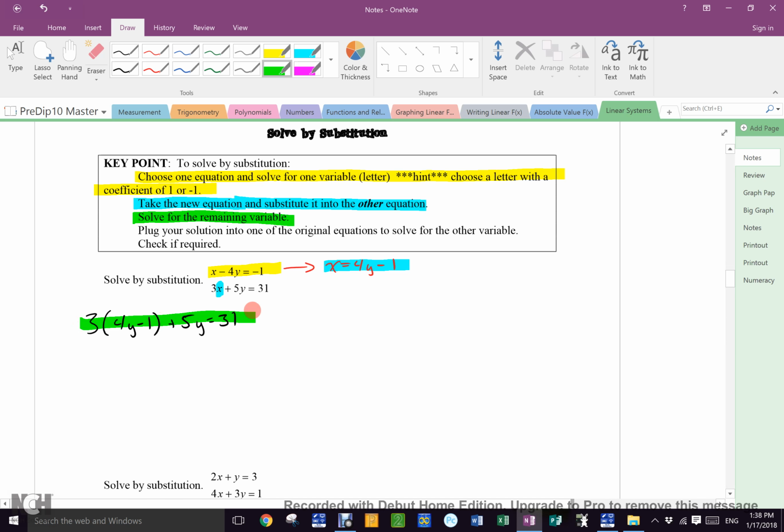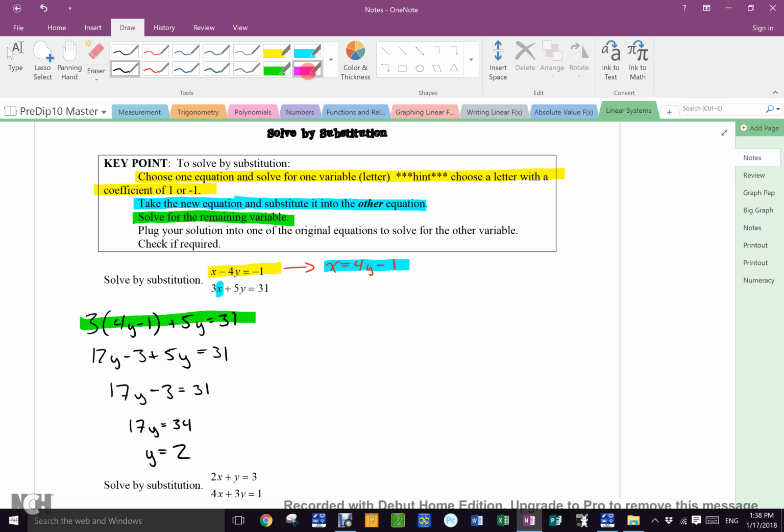So I'm going to take this and I'm going to solve it to get y. 12y minus 3 plus 5y equals 31. 17y minus 3 equals 31. 17y equals 34. Y equals 2. Everybody good there?